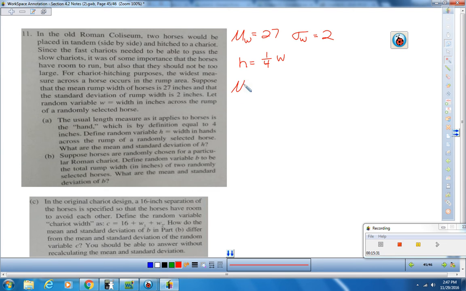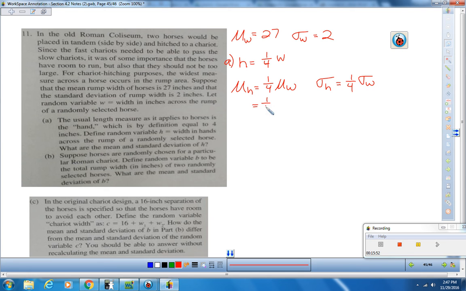So the mean of H is 1/4 times the mean of W. And that's pretty simple. The standard deviation of H is 1/4 times the standard deviation of W. And again, it's because it's a linear function.